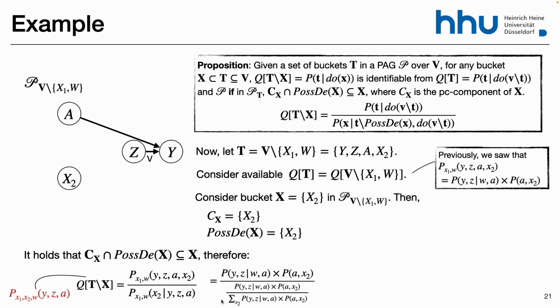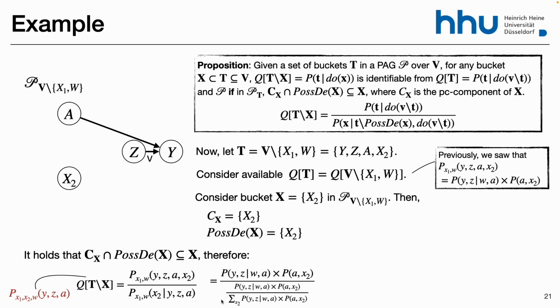How can I do this? This is the probability of x2, y, z, and a divided by the sum over x2 of the probability of x2, y, z, and a. Everything is in terms of the joint, because I have the joint. So I can replace the joint with the expression that I have there. That's what I did here. I have the sum over x2, and in the numerator I have the joint. So now it's just an operation over these things.